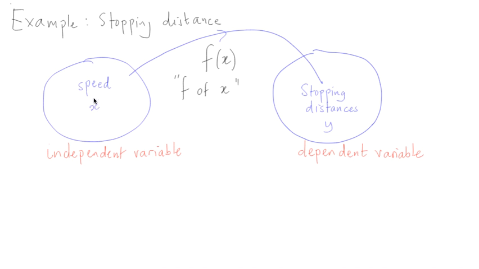So my independent variable is x, and my dependent variable here is y. In this instance, f of x is equal to 0.03 times x squared. That's the mathematical formula.